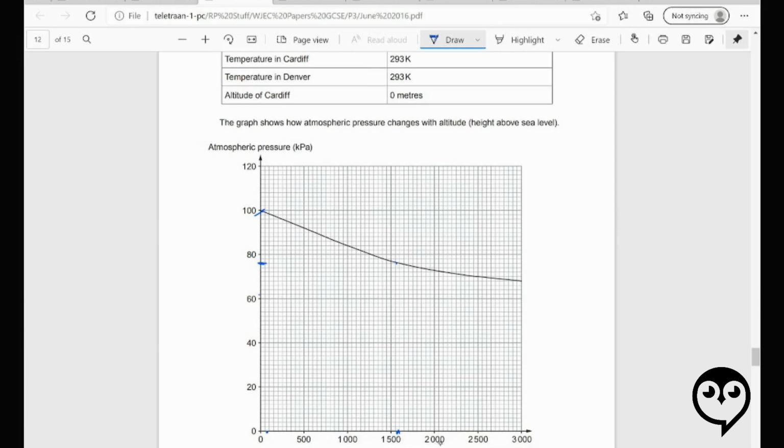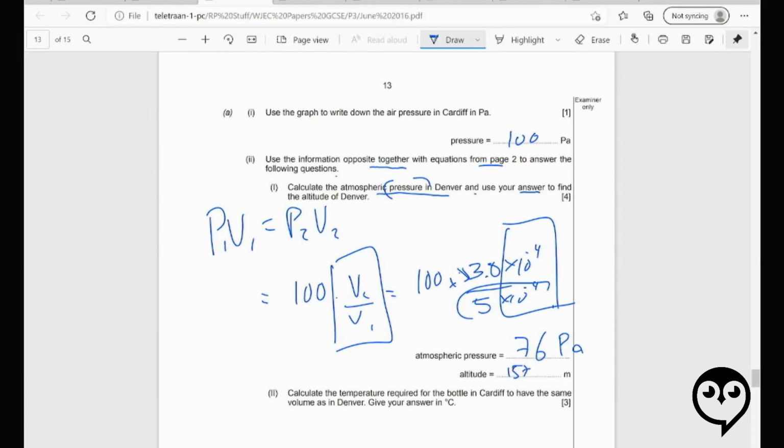This is 10 squares for 500. I'm going to guess that's 1575. Does that be 1600, 1800? Oh. Yeah, because this would be 1600, 1700, 1800, 1900. Yeah, okay. So I'm going to go 1575.